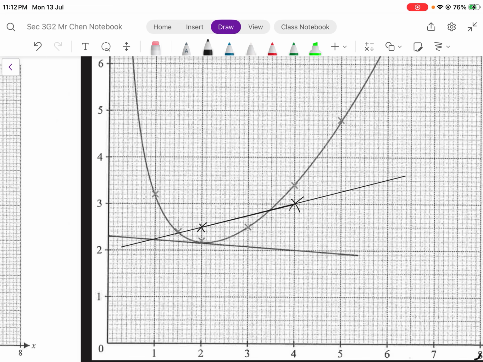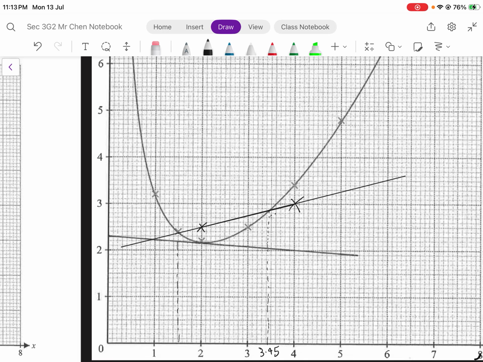From here, find the value of x at the intersection. One is around this point here, in between. I will go all the way down, 3.45. Then if I draw another point here, this one is easier to see.